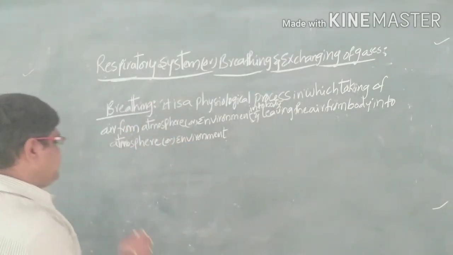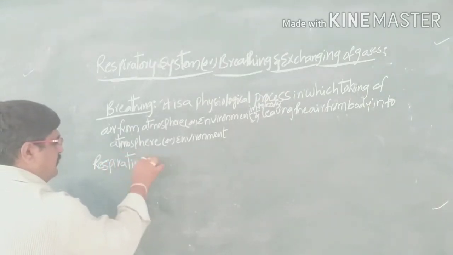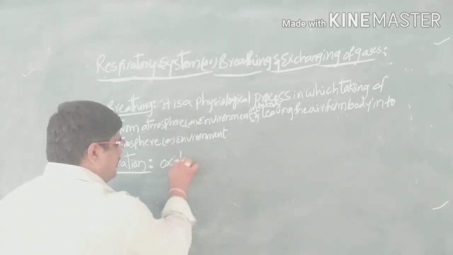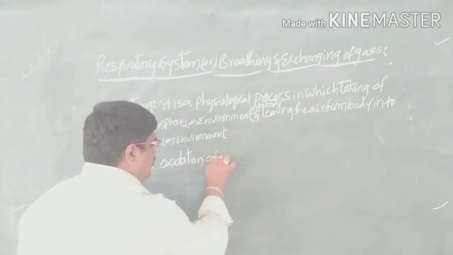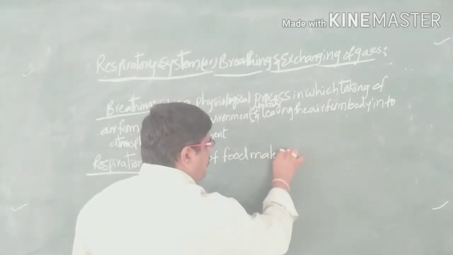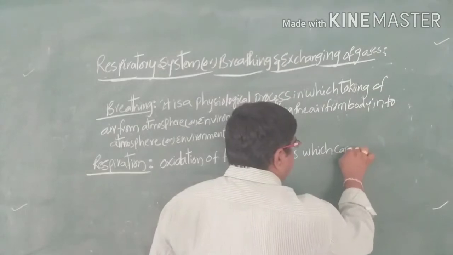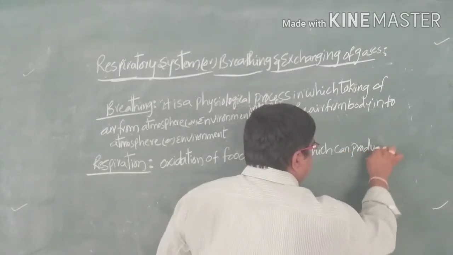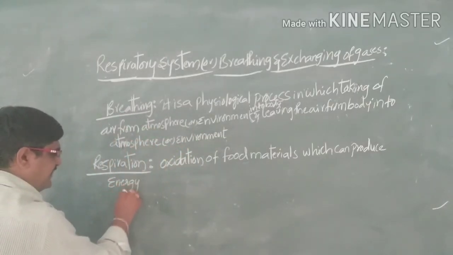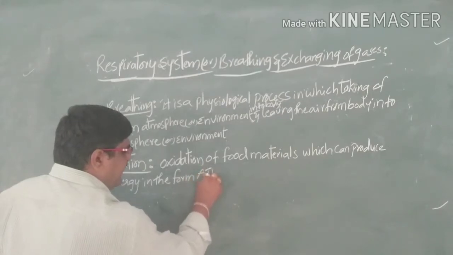So what is respiration? Respiration is the oxidation of food materials, which produces energy in the form of ATP.